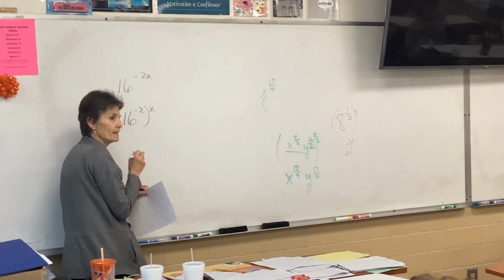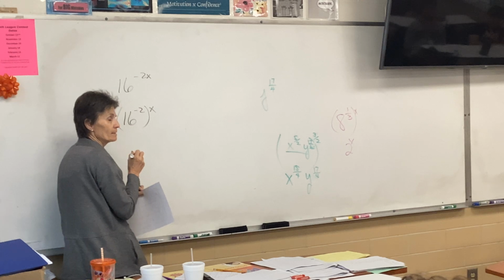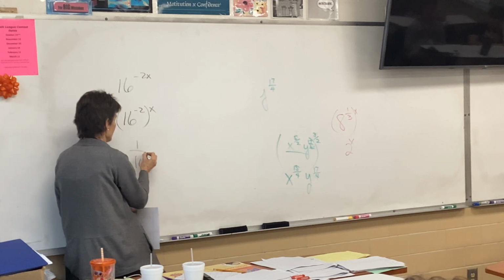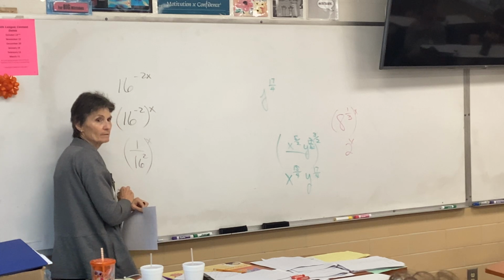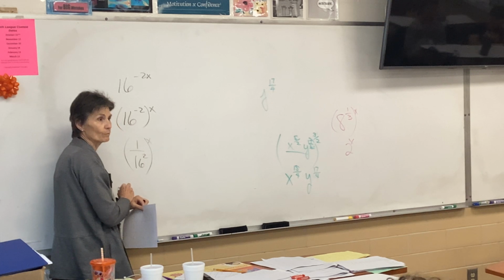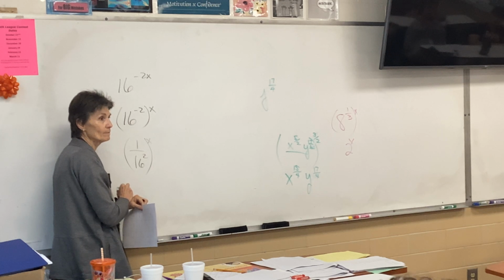What's 16 to the negative second? Yeah, it's 1 over 16 squared. Oh, I thought it was a square. No. How do you do roots? Roots have to be fractions, right? Fractional exponents are roots. Negative exponents are 1 over.